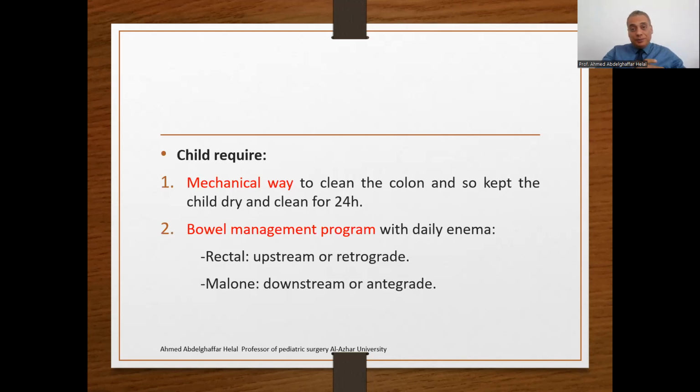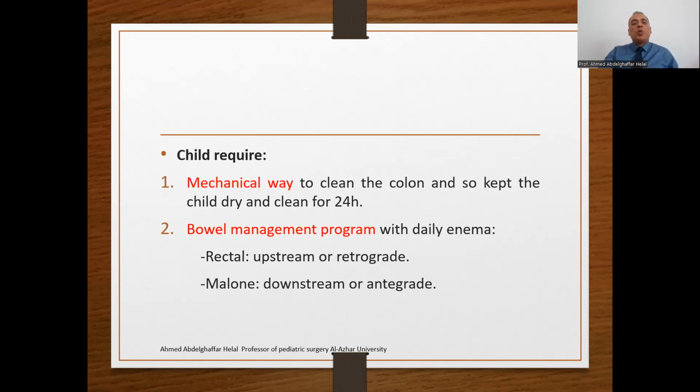This child requires an artificial or mechanical way to clean the colon, so as to keep the child dry and clean for about 24 hours. This is usually termed bowel management. So a child with true fecal incontinence will need bowel management by daily enema.